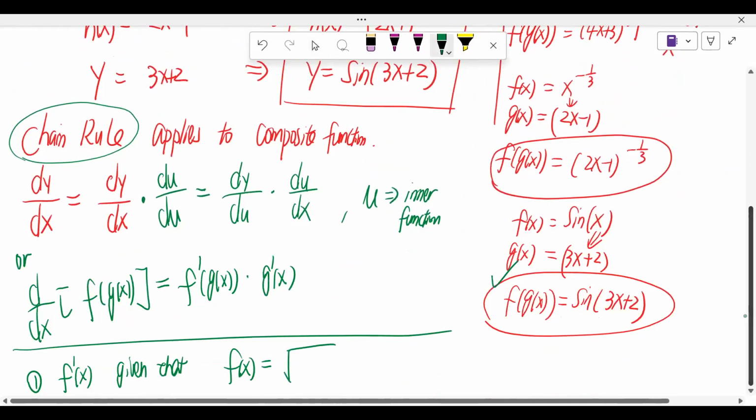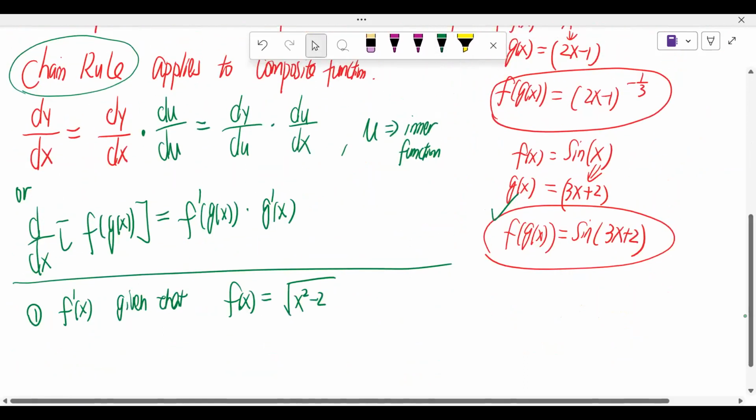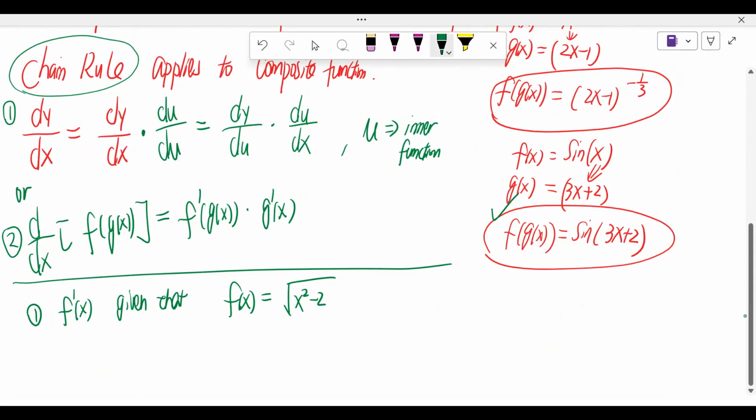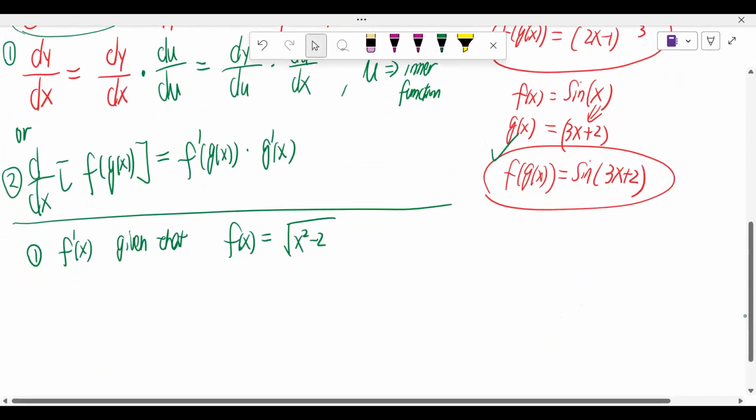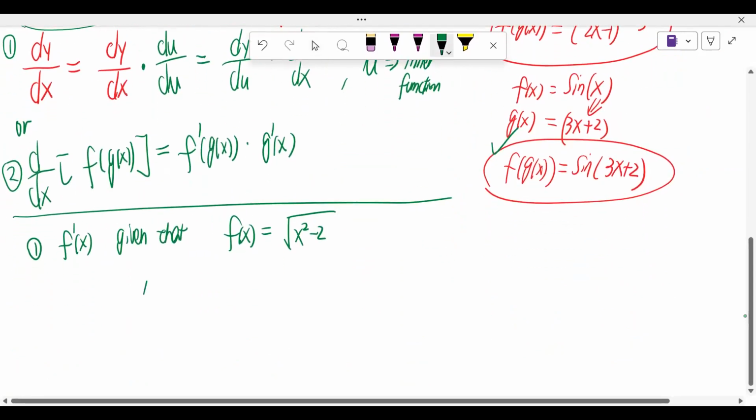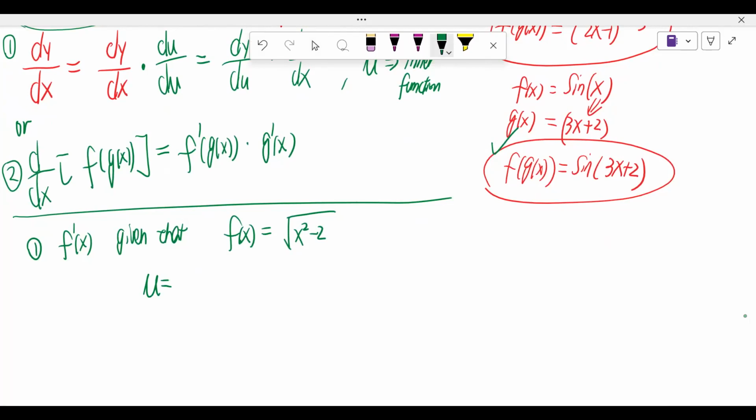If you're solving the question from the second approach, the notation number 1, you're going to create an inner function. We use u, with u equal to the inner function. The inner function is x squared minus 2, the function under the square root.